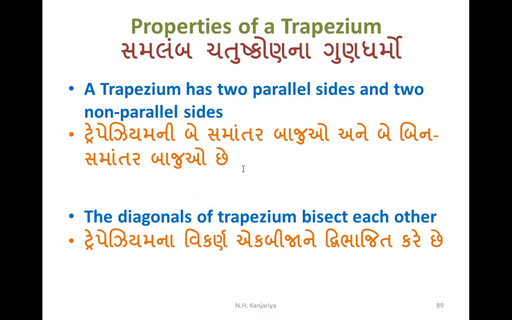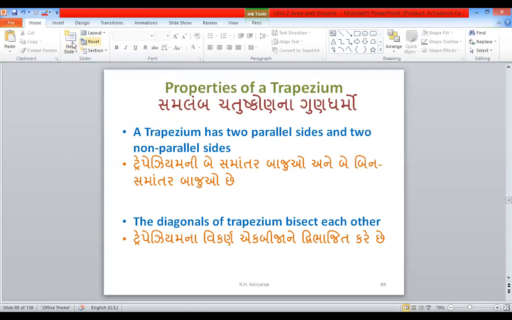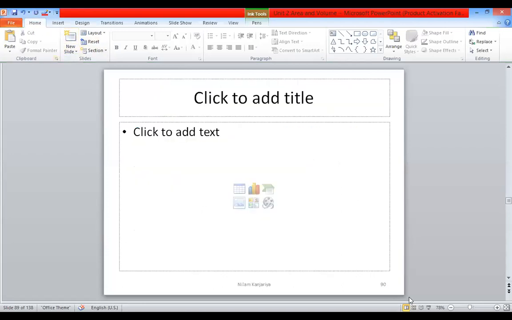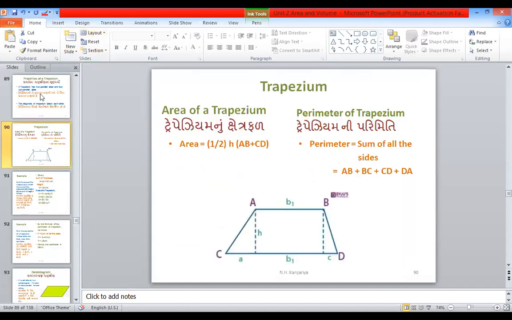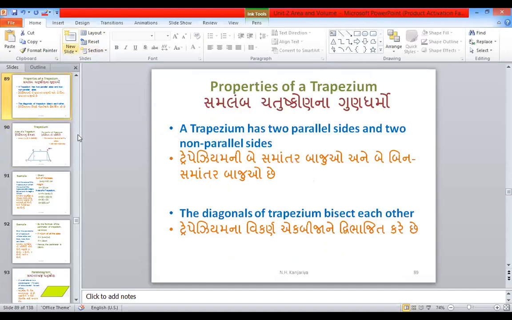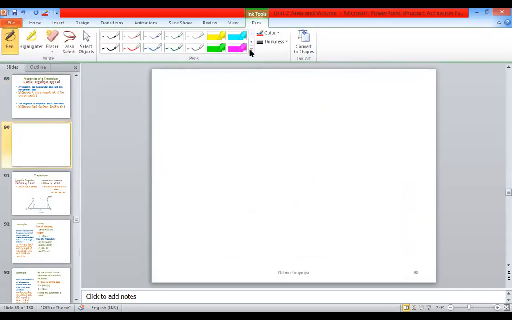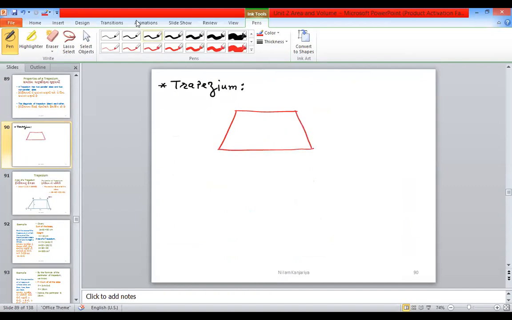Look here. We discussed all the properties in one line. This is your trapezium. Look here, these are the four vertices.